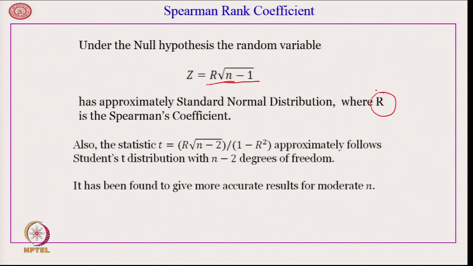However, it has been found that another statistic, r times square root of (n minus 2) divided by (1 minus r square), approximately follows Student's t distribution with n minus 2 degrees of freedom. And it has been found that for moderate values of n, that is n is not too large, this t statistic gives a better result than the normal approximation.